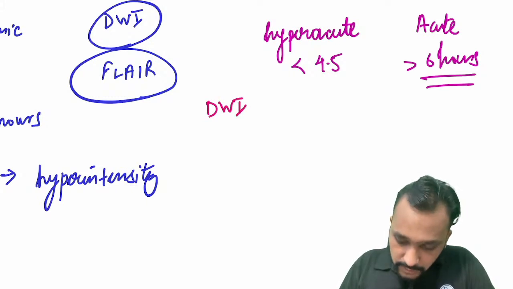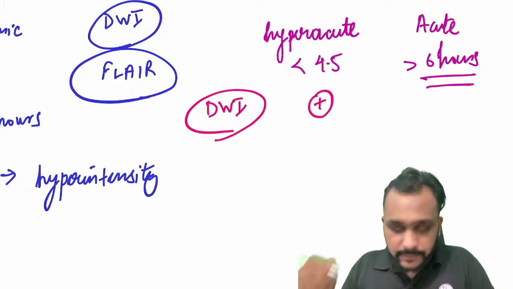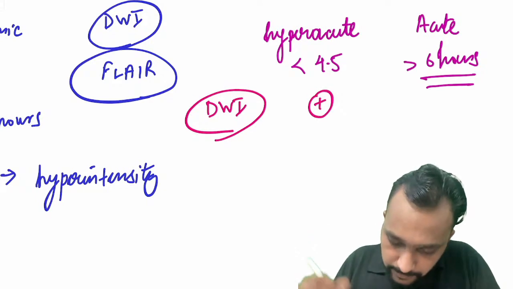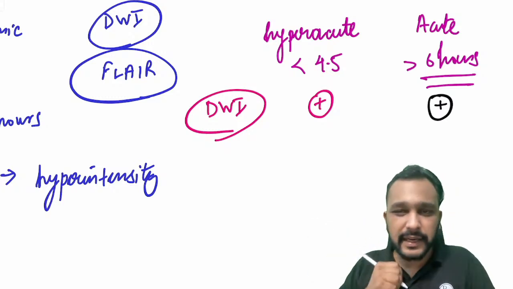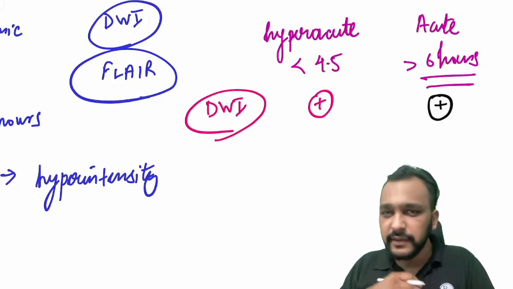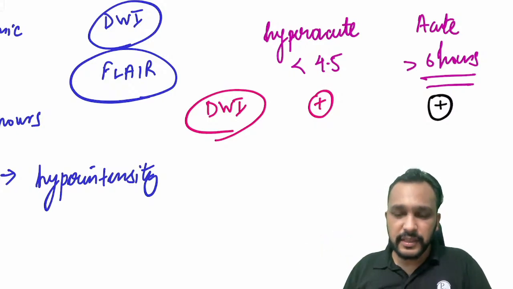On diffusion weighted images, the hyperacute ischemic stroke will appear bright, very simple, and your acute stroke will also appear bright. Then the question is, if we do not have a reliable history, how are we going to differentiate between hyperacute and acute ischemic stroke?